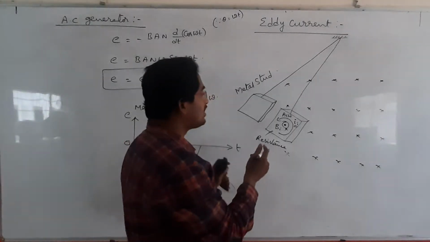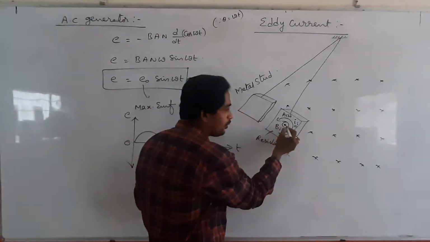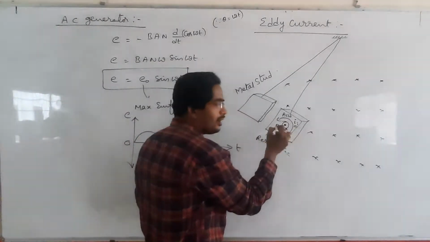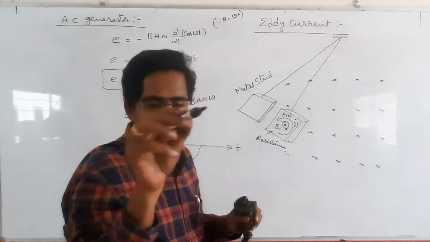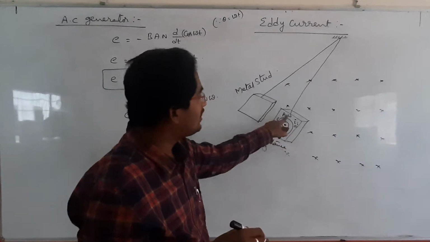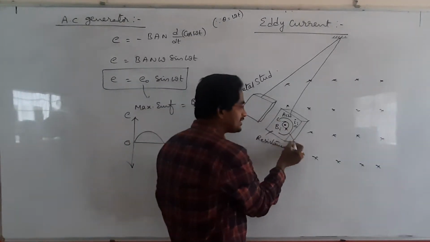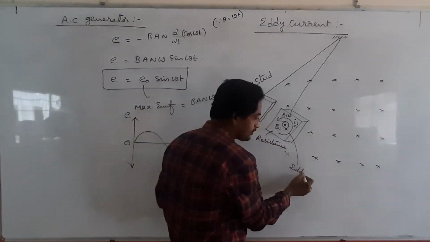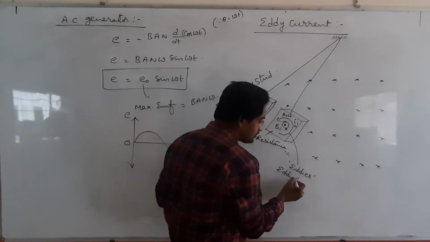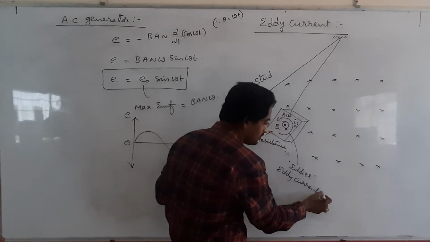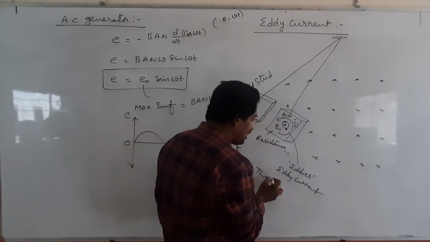That current is called eddy current, because the current induced here is in a whirlpool, that is eddy shape, that is in a curled shape. Due to that reason, this current is called eddy current. This causes loss of energy.